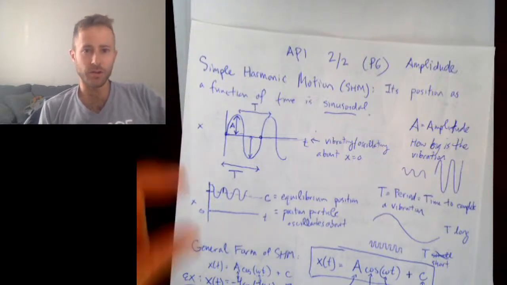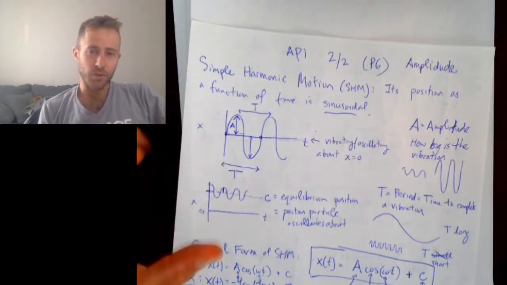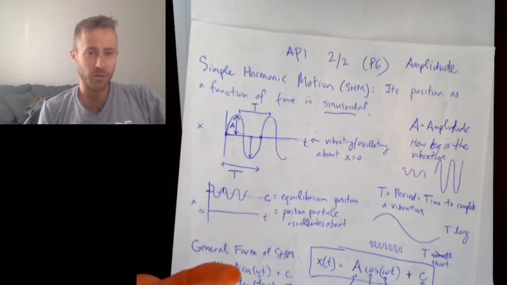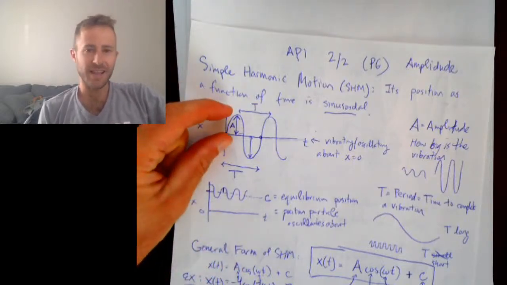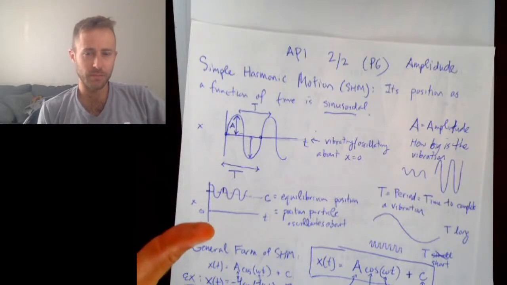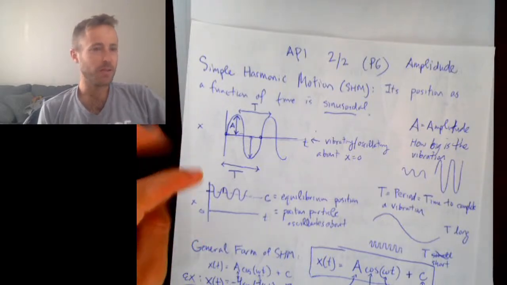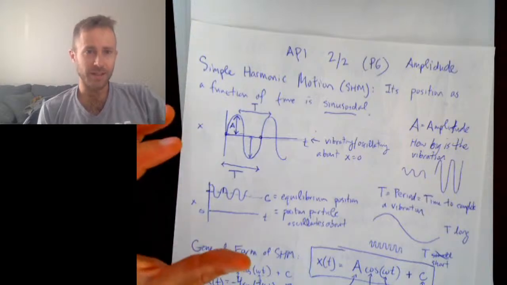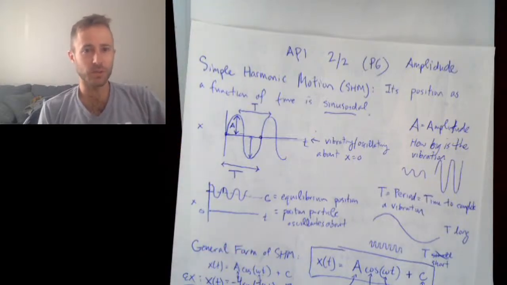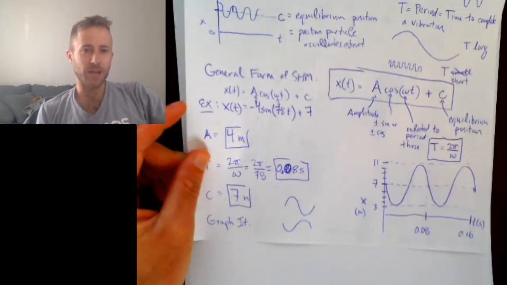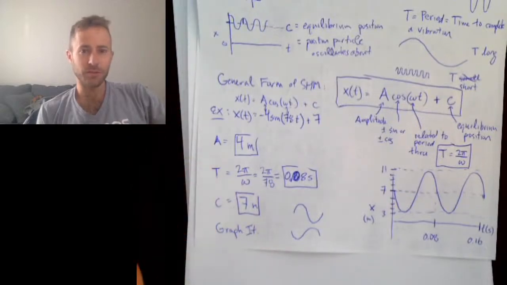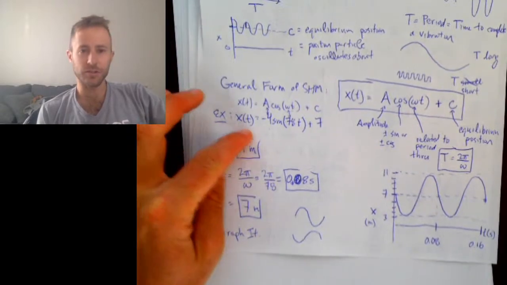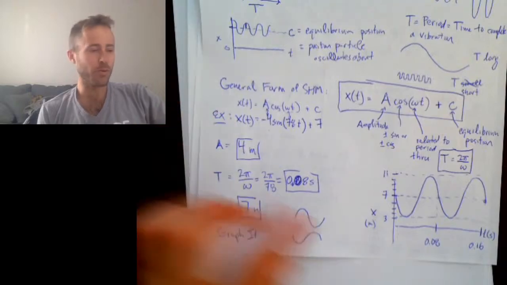And then we learned about some different parameters that describe the simple harmonic motion, in particular the amplitude, which is how big is the vibration, the period, which is how frequent is the vibration, and the equilibrium position, which is what it is vibrating about. We learned how to identify amplitude, equilibrium position, and period from a position-time graph.